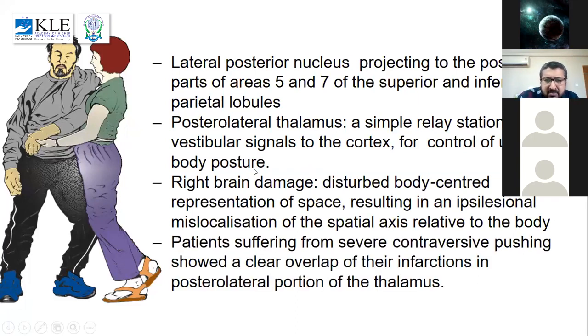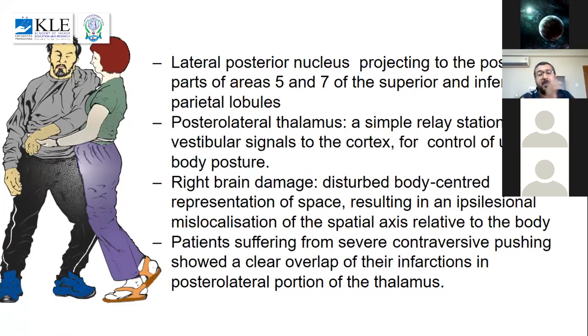So again, you can see here very well that right brain damage affects the body-centric representation of space. And as a result, there's an ipsilateral mislocation of the spatial axis related to the body. That means if a person has right side damage, the body-centric, egocentric representation or orientation will be shifted to the ipsilateral, same side where the injury is.